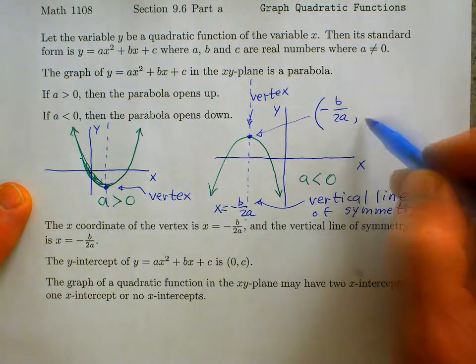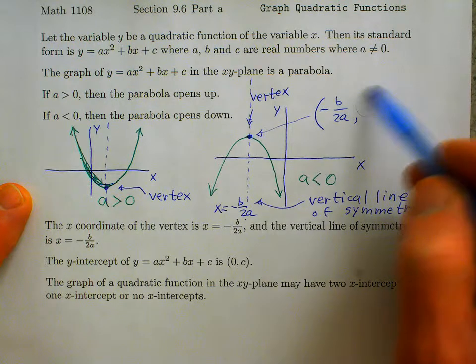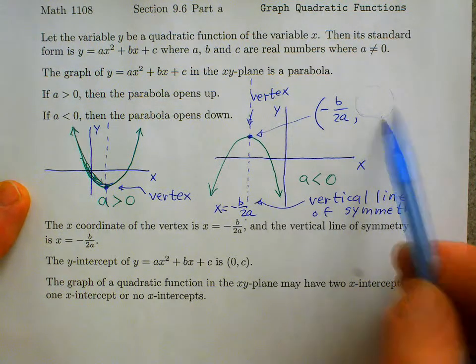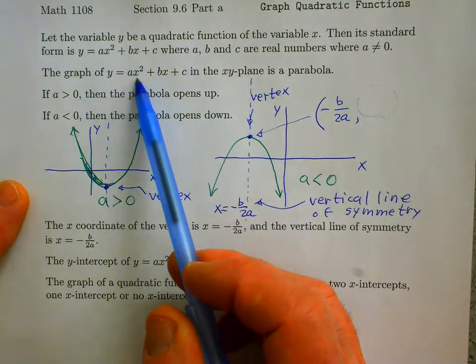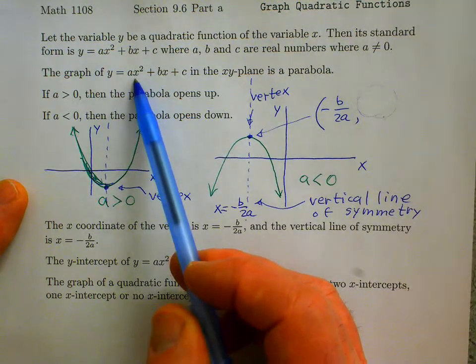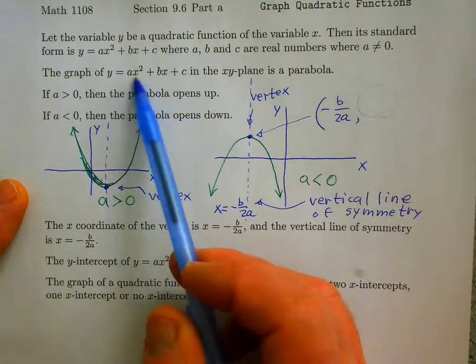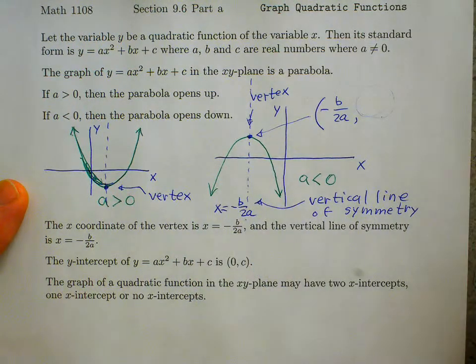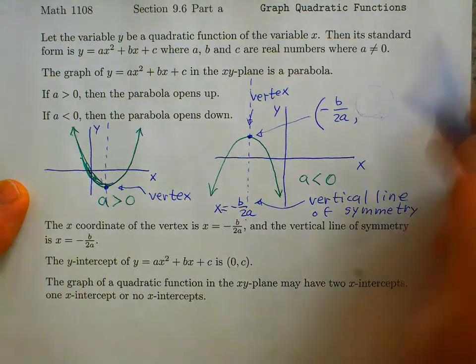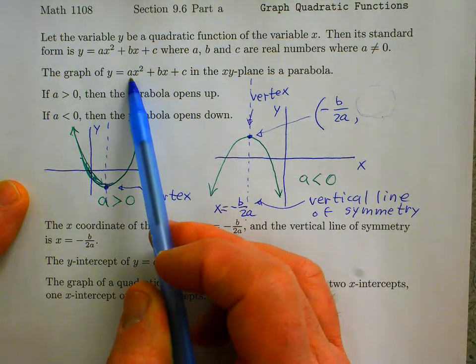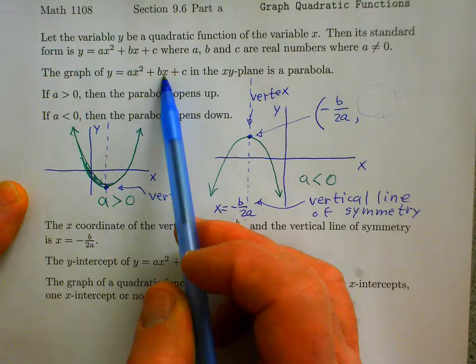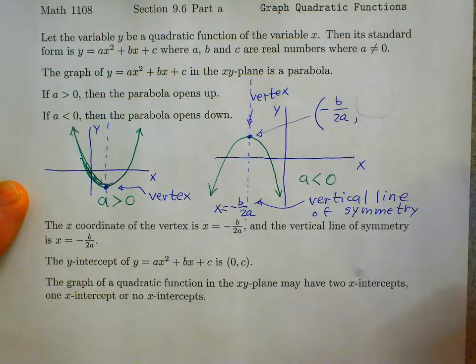The y-coordinate of the vertex, well, that's the number you get when you replace every x in the function with negative b over 2a. So here I'll just write it in raw form, without simplifying too much. Replace every x with negative b over 2a.